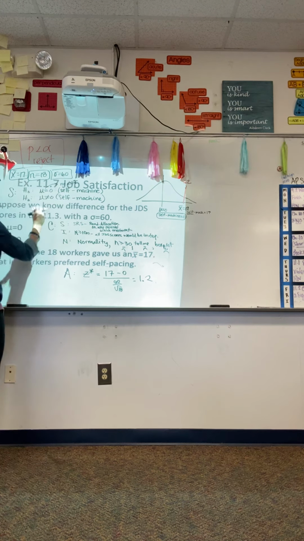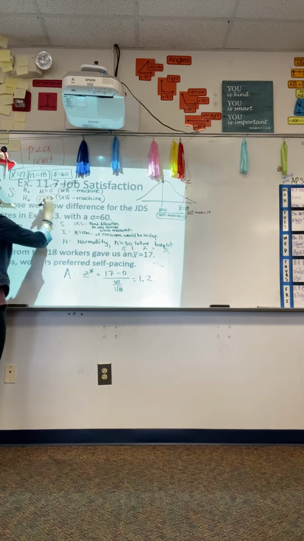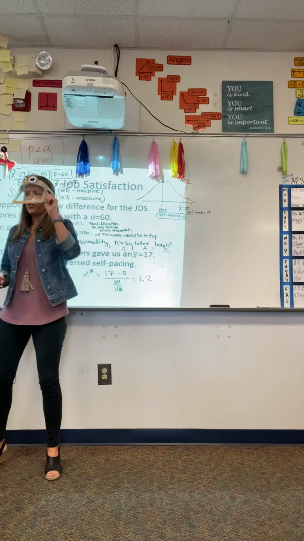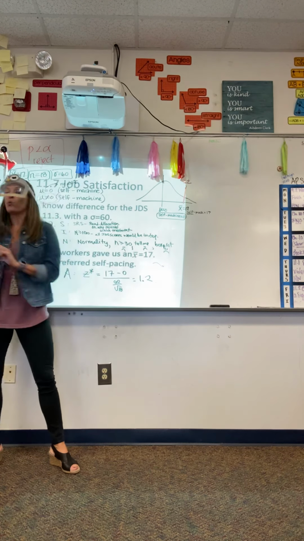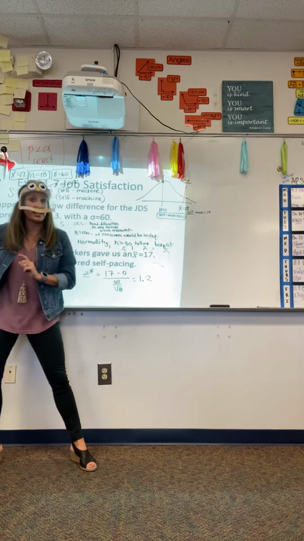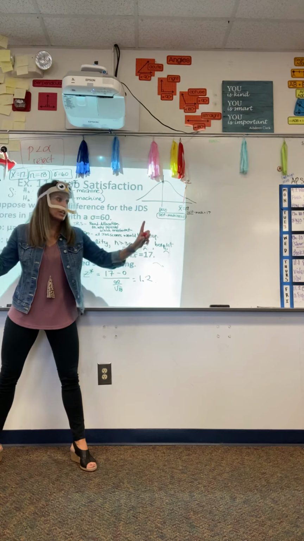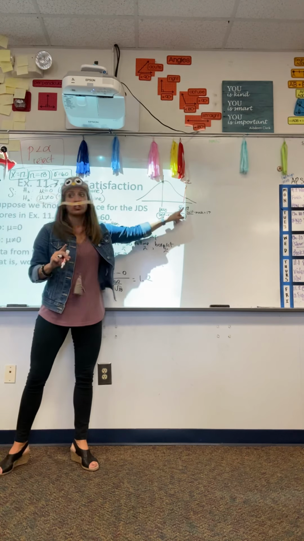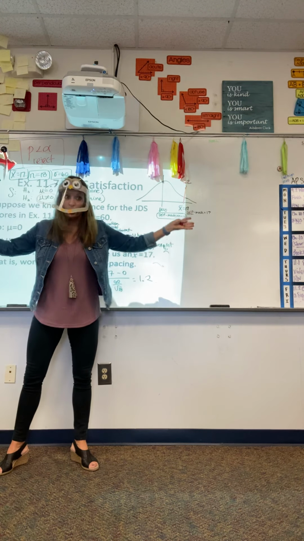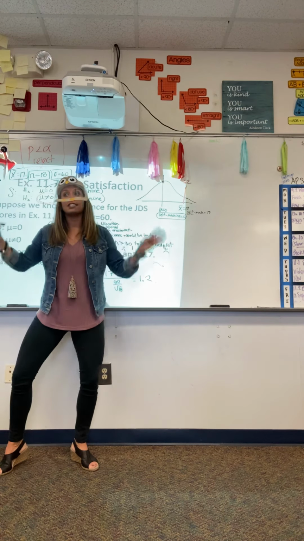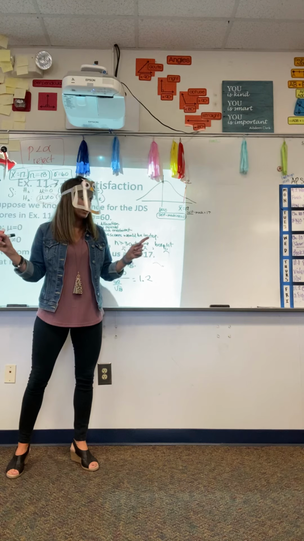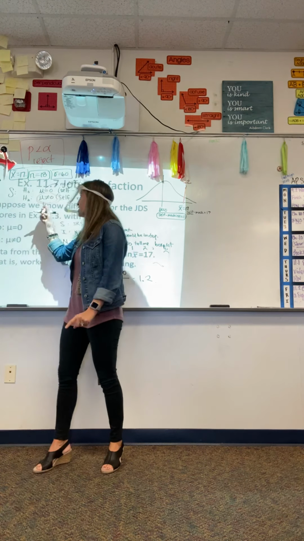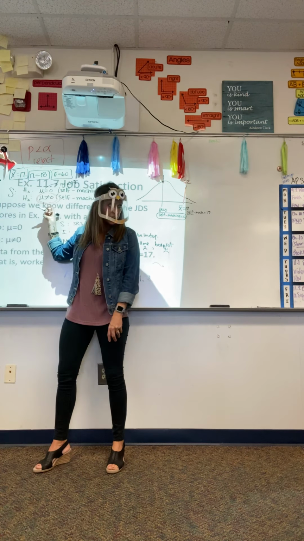But since this is a two-tailed test, and I did not have the intuition at the beginning whether to make this a greater than or less than, I actually have to make it a two-tailed test. Your X bar is going to land either above or below. There's only one X bar, right? But because I did not know which direction to go in, I couldn't make this a one-tailed test.